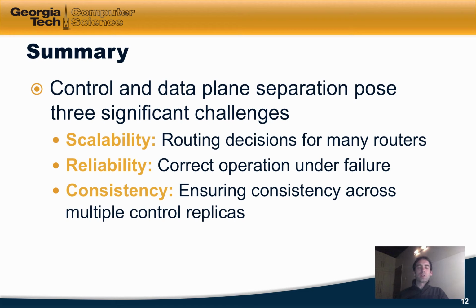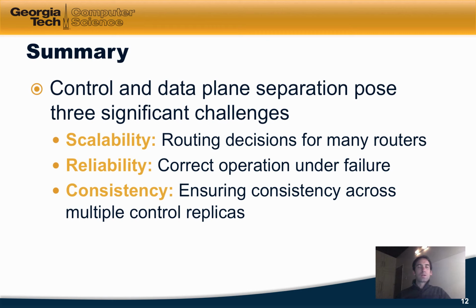The second challenge is reliability, that is, guaranteeing correct operation under failure of the network or failure of the controller itself. The third challenge is consistency, or ensuring consistency across multiple controller replicas, particularly in cases of network partitions or failures.